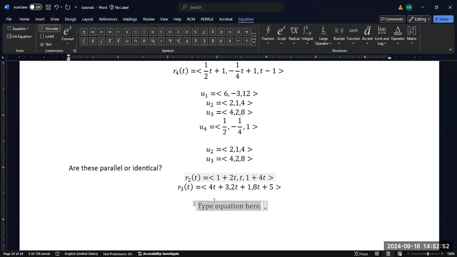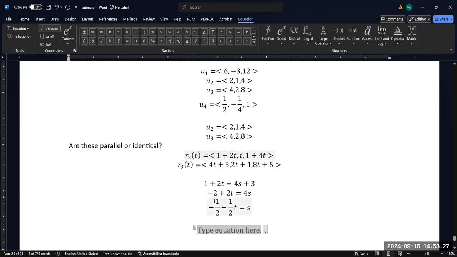So let's take our first component, 1 plus 2t, and set that equal to 4s plus 3. If we solve for, let's say, s, move the 3 over, you get -2 plus 2t is equal to 4s. And then if we solve for s, we get -1/2 plus 1/2 t is equal to s. And then I do the same thing in my second component. T is equal to 2s plus 1.